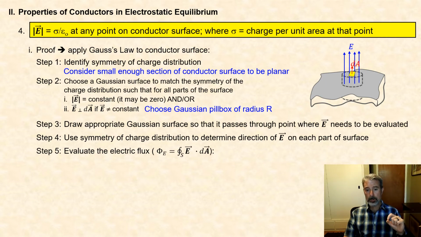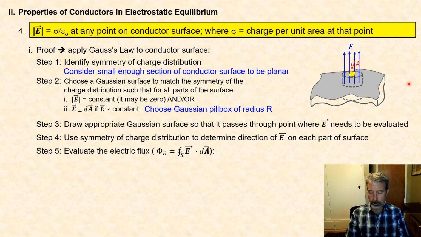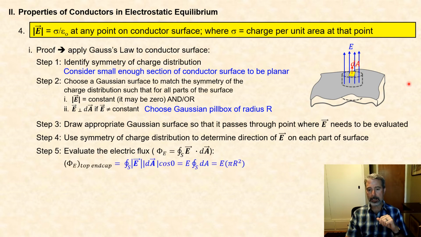Notice here that for the end cap that I'm showing you, the top end of the Gaussian cylinder, the pillbox, the vector dA points in exactly the same direction as the electric field, in which case we can say that the entire field passes through that portion of the cylinder and the flux is maximized.